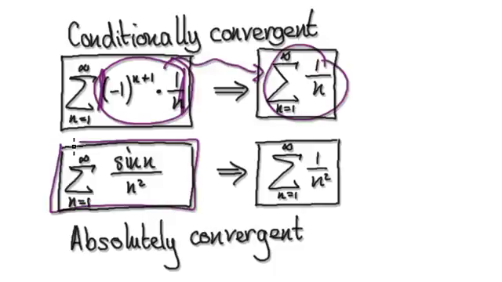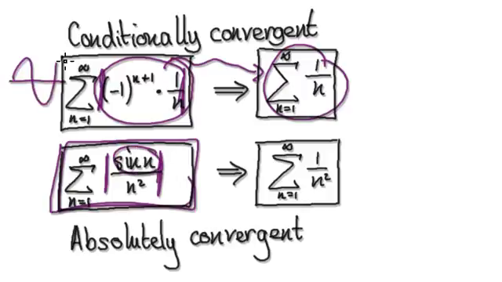Remember, sine n oscillates between 1 and minus 1, 1 minus 1, and so on. But if you look at the absolute version, this is trapped in between minus 1 and 1.